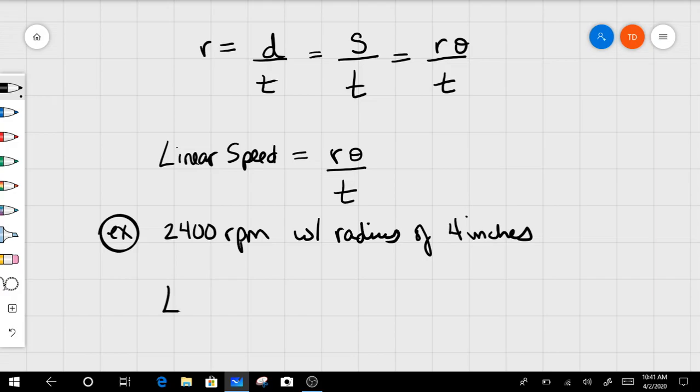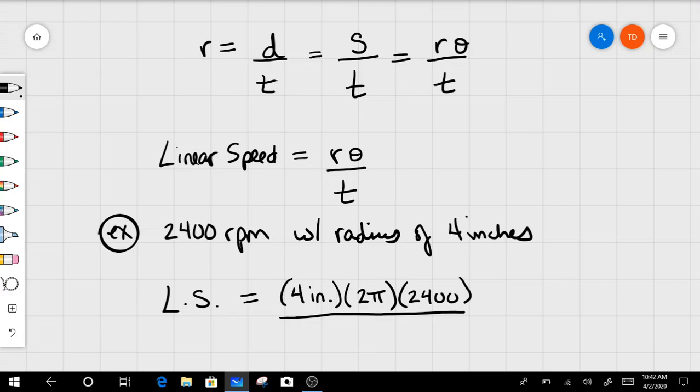So our linear speed would be radius, so that's 4 inches, times theta. Well, again, this thing is traveling 2400 rotations, and one rotation is 2 pi. I'm not doing one rotation around the circle, I'm doing 2400 rotations around the circle. And our time, it said per minute, so that's 1 minute.